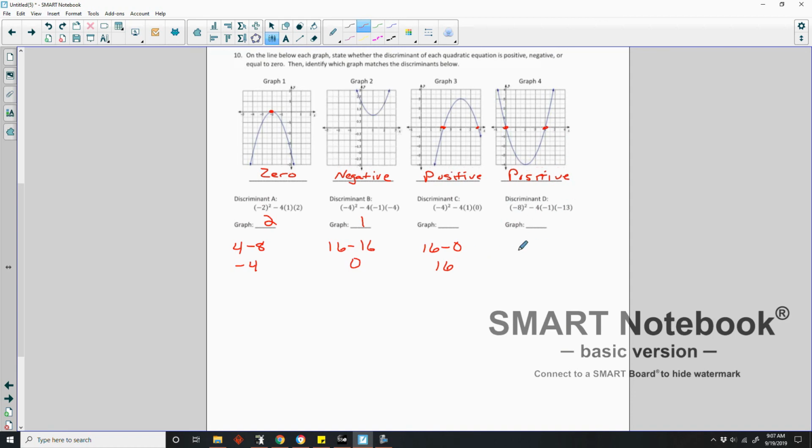Negative 8 squared is 16. Negative times a negative is positive, times a negative is negative. 4 times 1 is 4, and 4 times, oh wait, not 16, my fault.